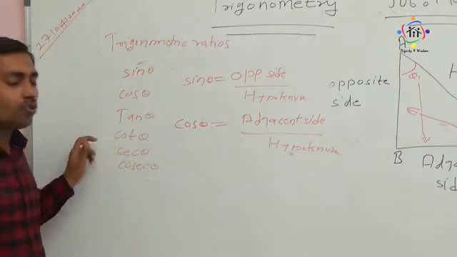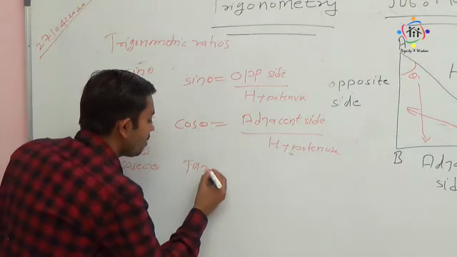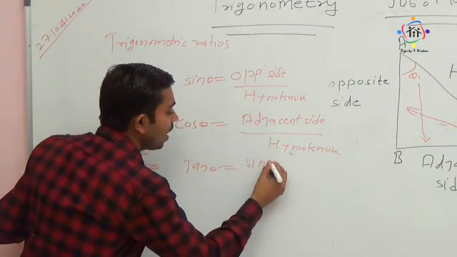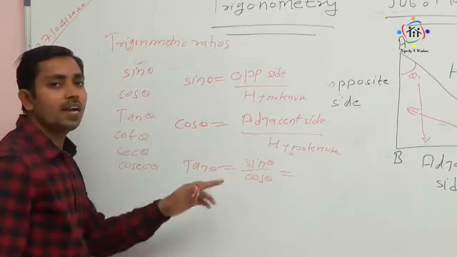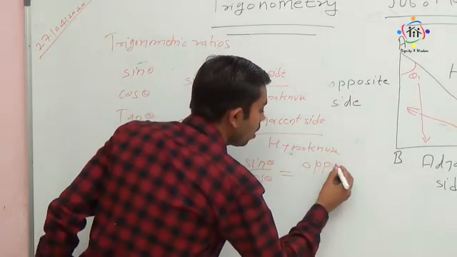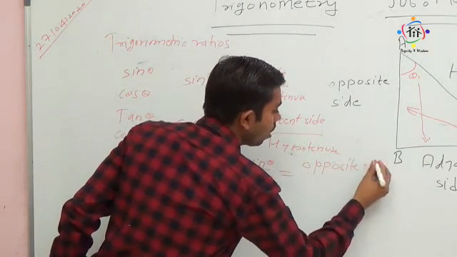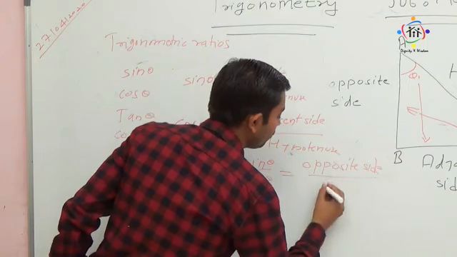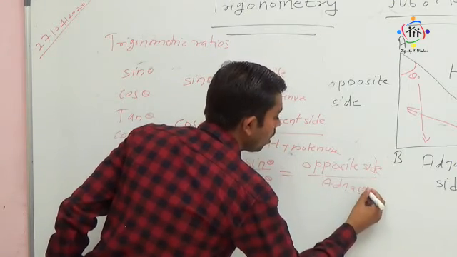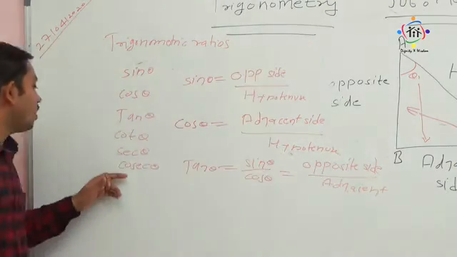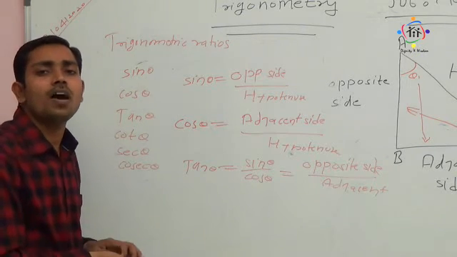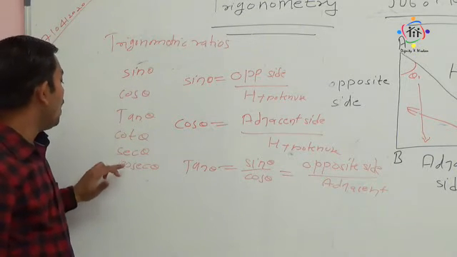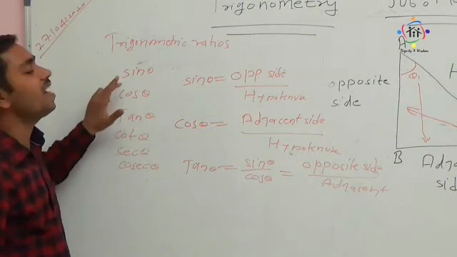Now next one, my dear student, tan theta. Tan theta is equal to sin theta by cos theta. This is also one relation, and further you can write this as opposite by adjacent side. And my dear students, sec theta and cosec theta are reciprocals: cosec theta is the reciprocal of sin theta.